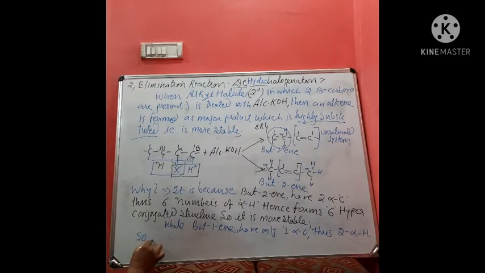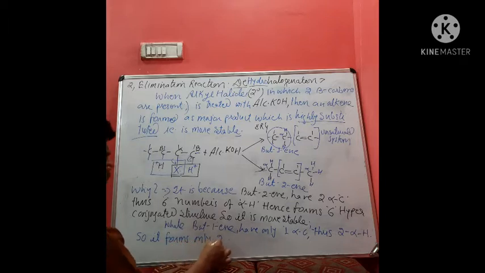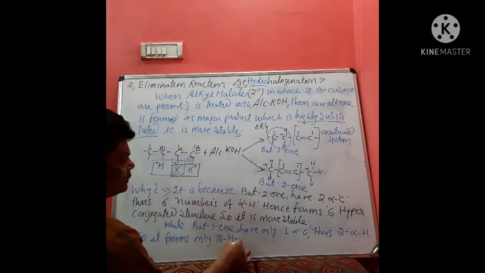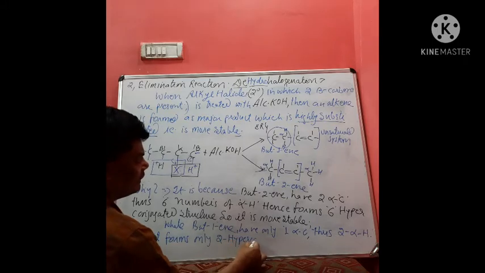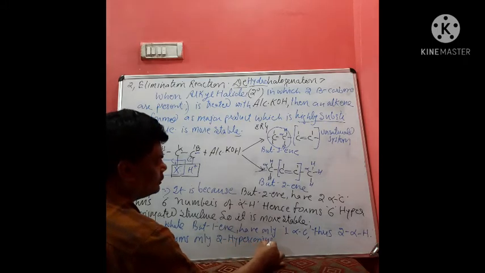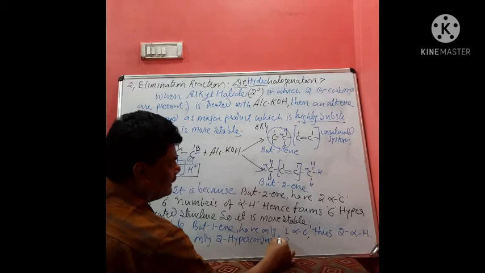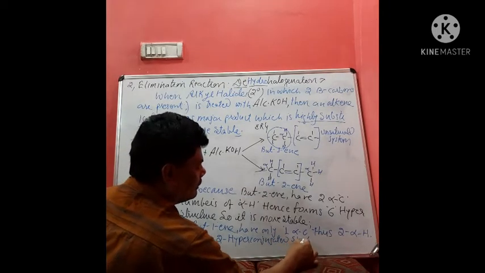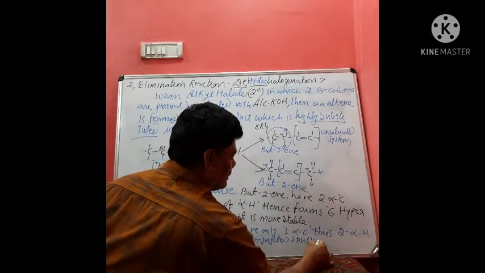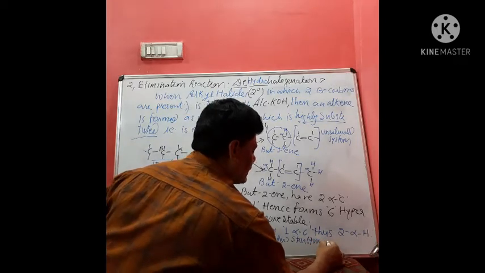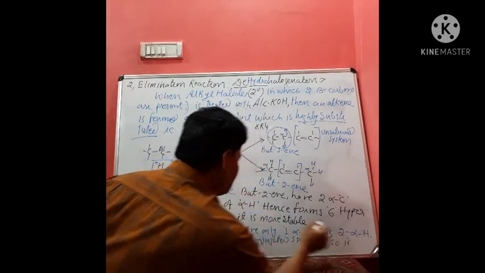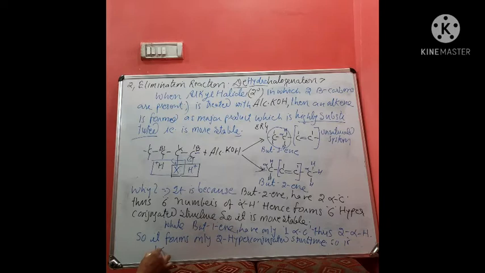So it forms only what? 2 hyperconjugated structures. Hyperconjugated structure. So it is less stable.